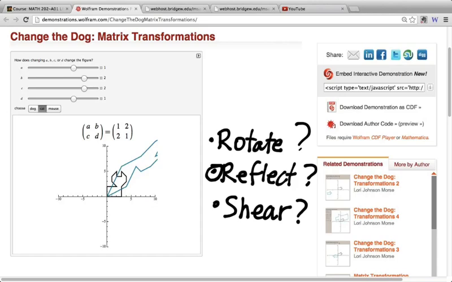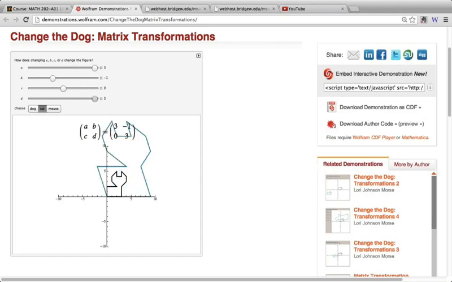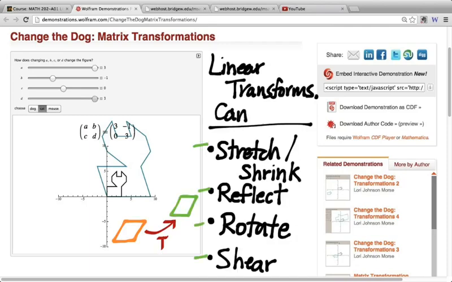Let me clarify a little bit more what rotations and shears end up looking like. Rotations and shears by themselves are examples of transformations that are supposed to preserve the area of things. So when I rotate or when I shear, I'm supposed to get something that has the same area as it had before.